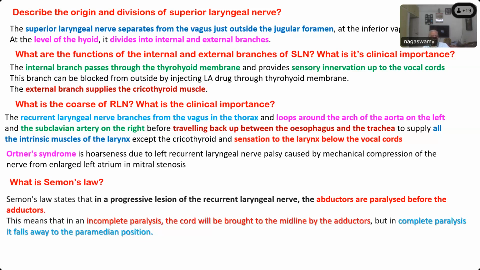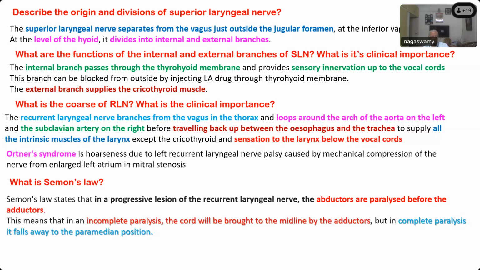So the dangers of total bilateral injury are absence of phonation and risk of aspiration, but the patient will still be able to breathe because there is some opening, though only partially open. So there will be some resistance to breathing also. But it is the bilateral partial injury which is the most dangerous, which we have to remember.